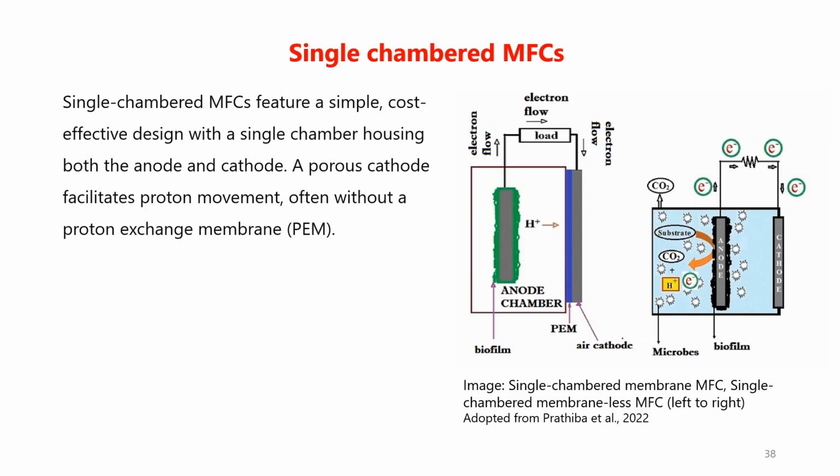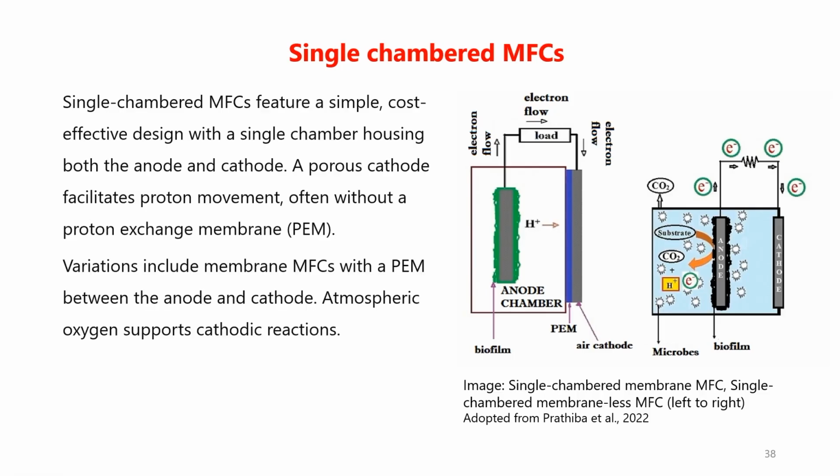So, it is also called the air cathode. This may be porous, and it may not have a proton exchange membrane. This schematic is self-explanatory. It shows how simple this system is.